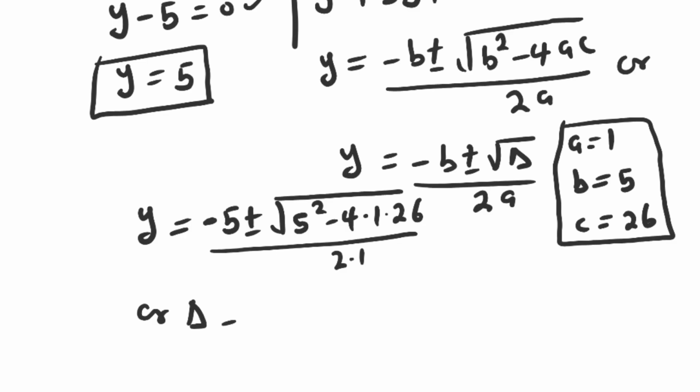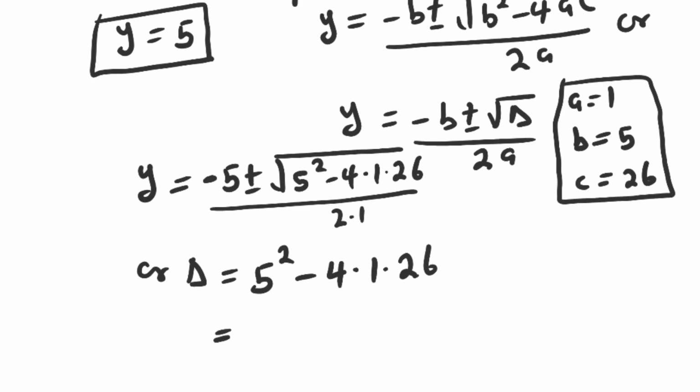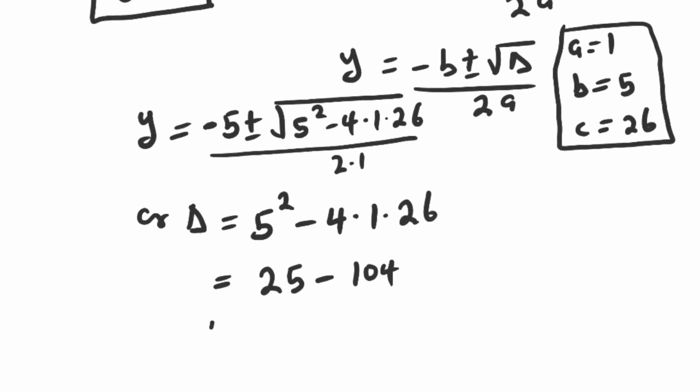The discriminant d is equal to b square minus 4ac, which is 5 square minus 4 multiplied by 1 multiplied by 26. This is 25 minus 104, that is minus 79, which is less than 0. So this is rejected.